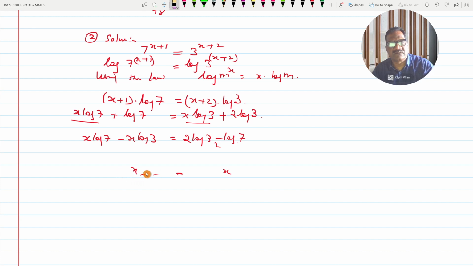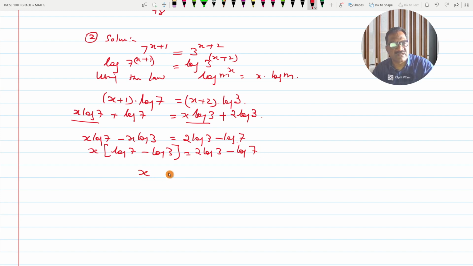Now what I'll do is, I want to find out x, right? So I'll take x common out from here, and this can be written as log of 7 minus log of 3 equal to, here it will be everything as it is, so it should be 2 log of 3 minus log of 7.